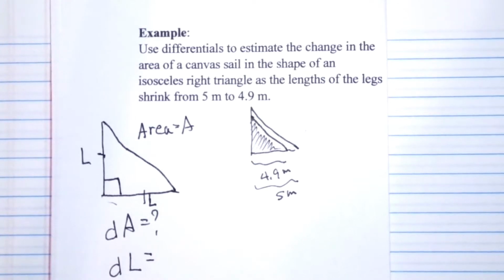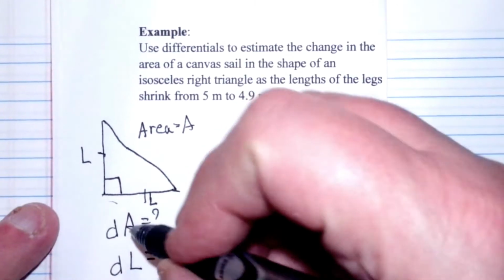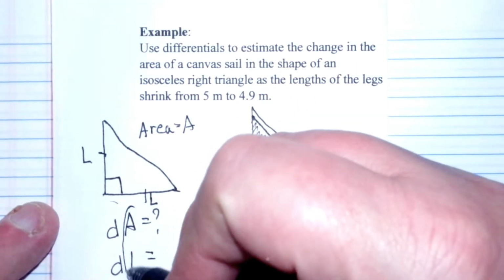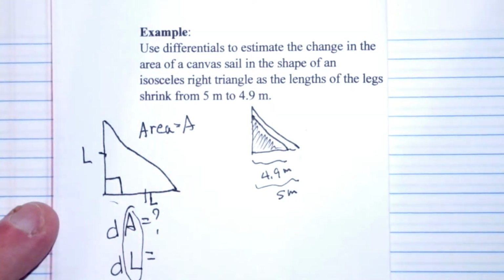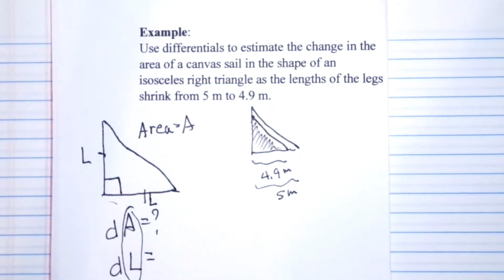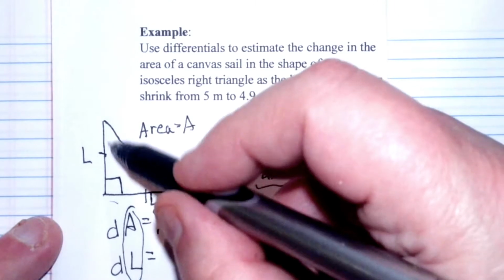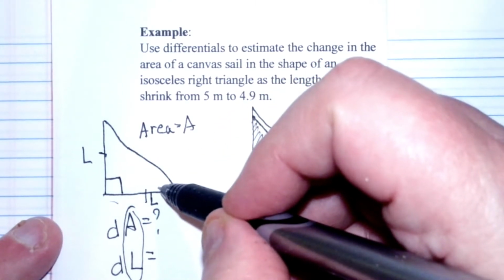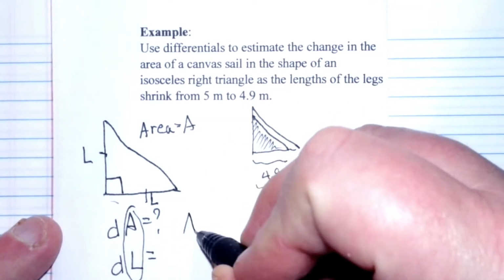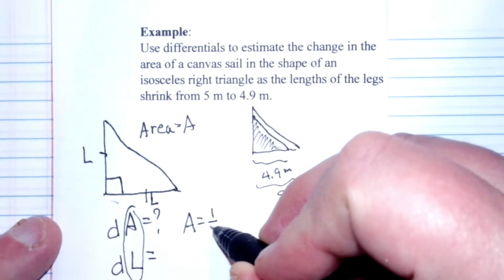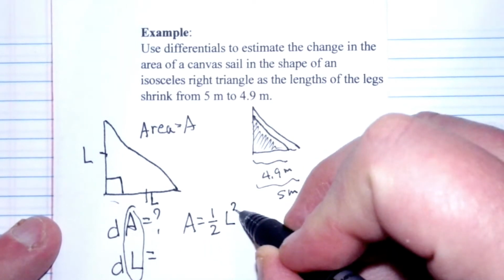We'll have to figure out which way we want this to work. Alright, but what you need is an expression that links these two together. What equation can you come up with that gives us the relationship between A and L? Well, this sail is half of a square, so A is 1/2 L squared, right?